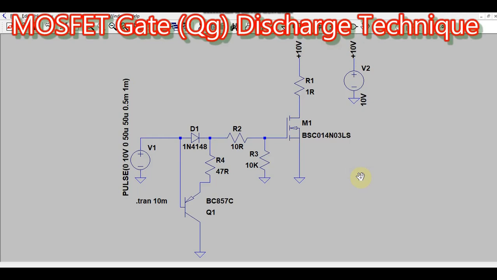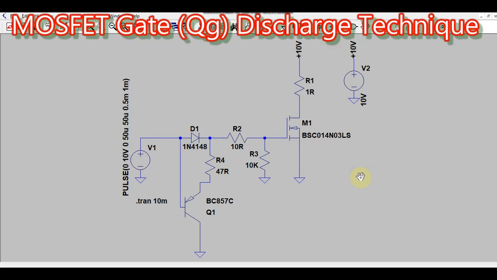So today we are going to understand about the MOSFET gate discharge technique, right? We are going to understand how we discharge the total gate charge of the MOSFET.